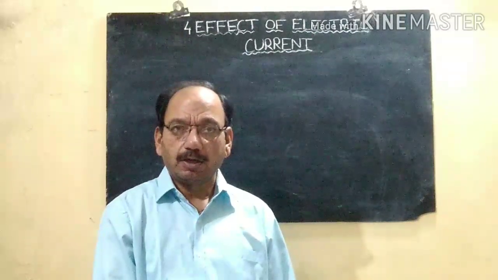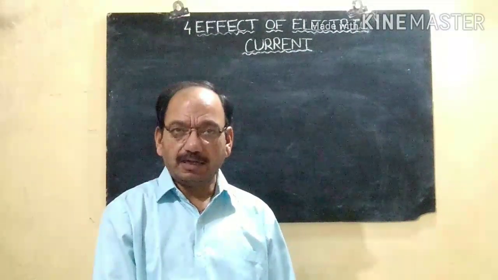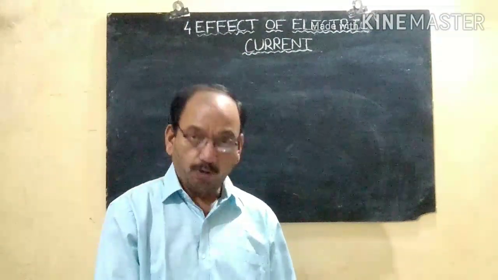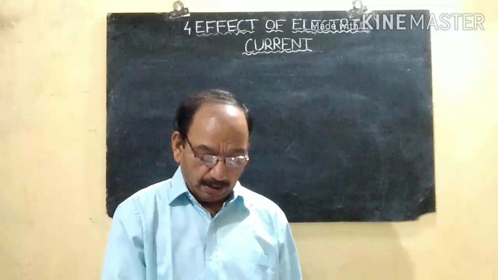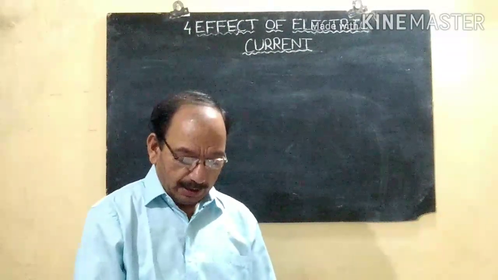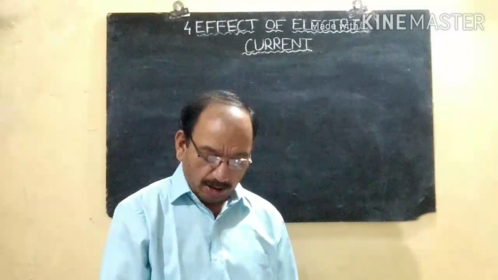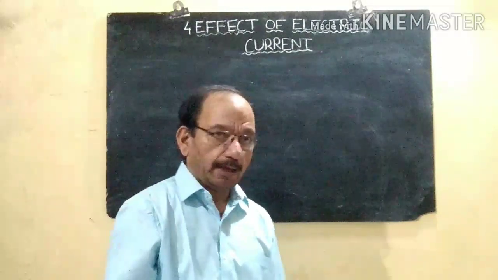For this, you have to discuss one activity which is given in the book on page number 57, activity 4.15. Keep the bar magnet erect in such a way that its north or south pole is just below the copper wire.